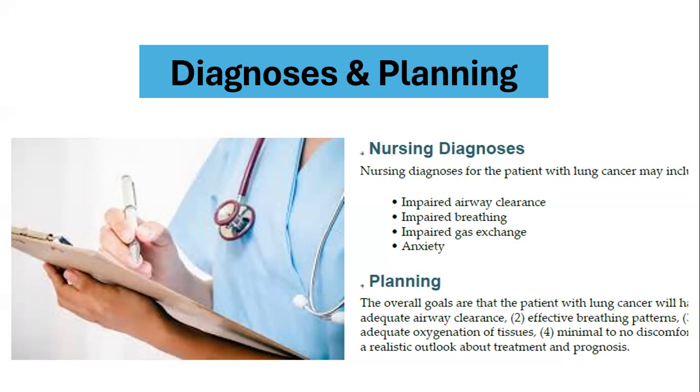These outcomes are really important so that you can plan what kind of intervention you need to write on your nursing care plan to be able to achieve these outcomes or goals.